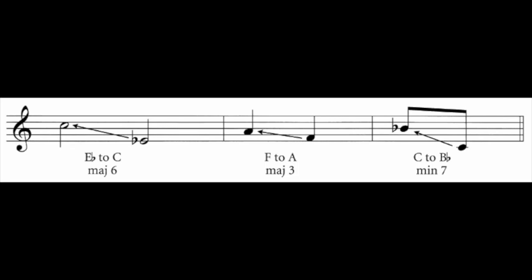So in the key of E flat major, there are 3 flats. None of them are C. Therefore, C is in the key of E flat, and that's going to be a major interval. If we count up from E flat: 1, F 2, G 3, A 4, B 5, C 6.